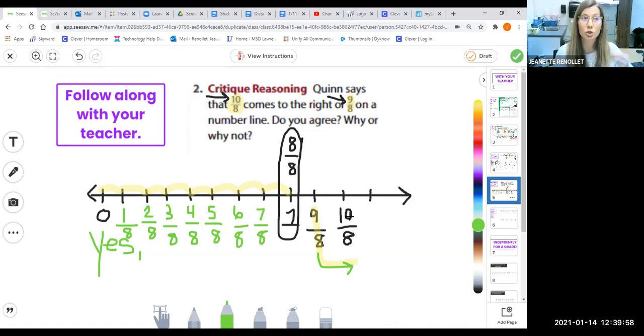So 10 is greater than 9. Yes, I agree, because 10 is greater than 9. When the numerator increases, it's going to be to the right on the number line.